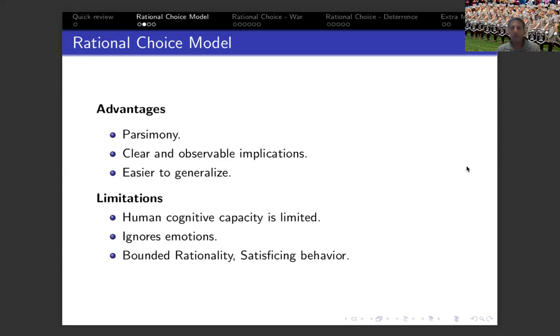That is one of the characteristics of reality, especially if you think about it in the context of international politics. Think about the level of uncertainty that some leaders face. It's impossible to actually deal with that. The rational choice models also overall disregard the effects of emotions and other psychological mechanisms in terms of explaining the decision process.